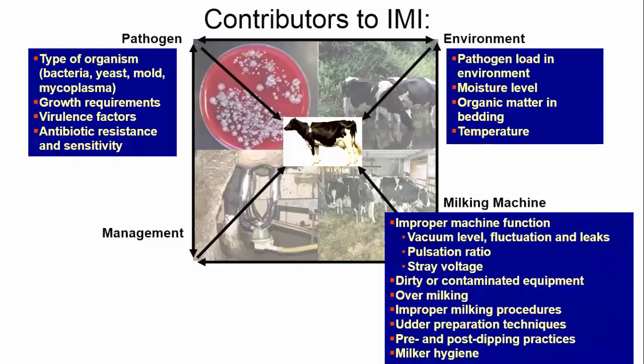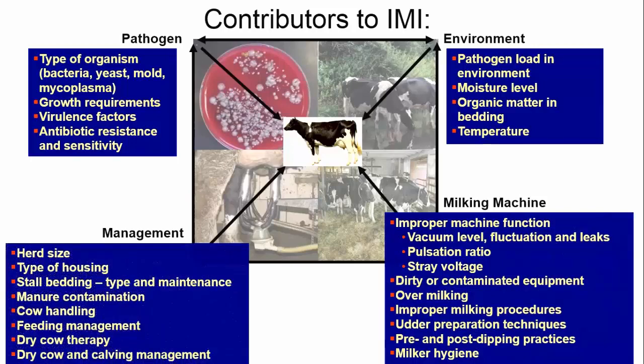And then finally, we have overall management: the size of the herd, time in the holding area, the type of stall, the cow comfort in the stalls, the type of bedding, the amount of manure contamination out in the environment, cow handling procedures, and then dry cow therapies and dry cow management, transition cow management.